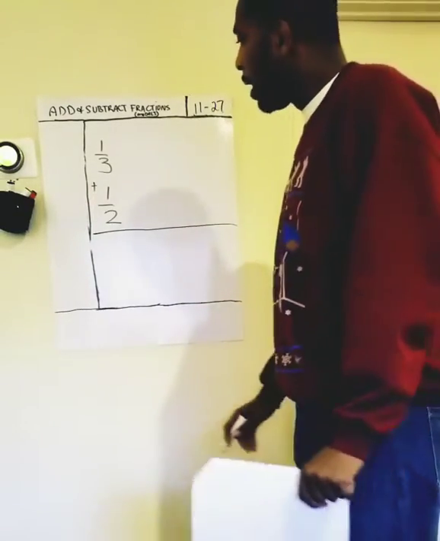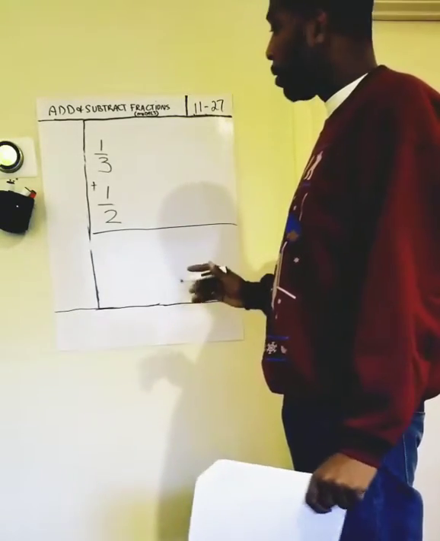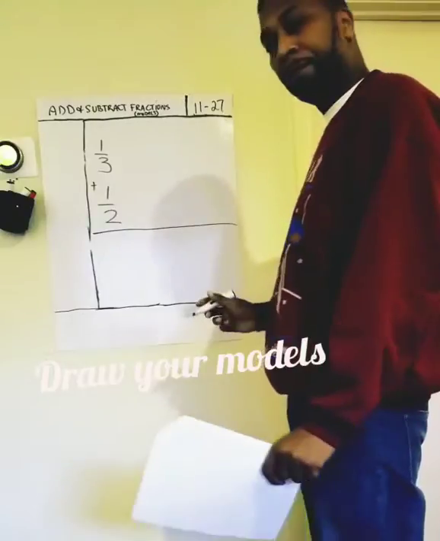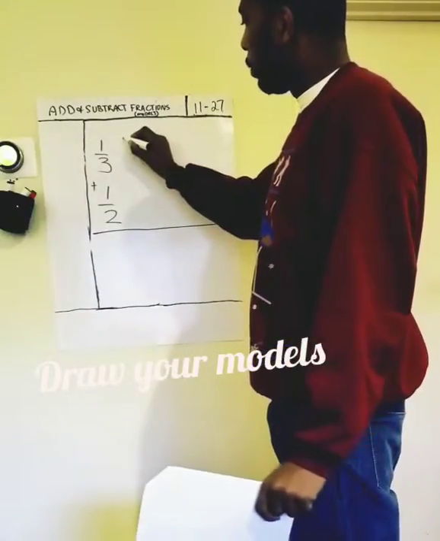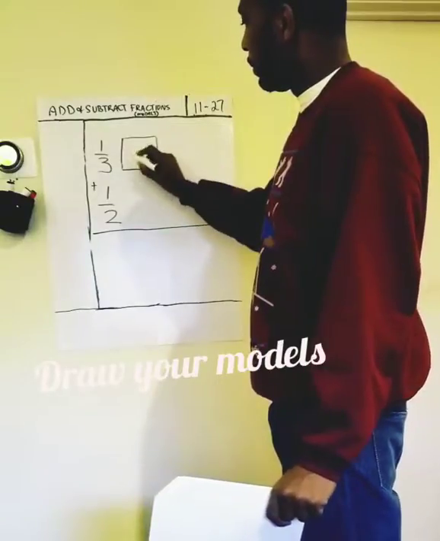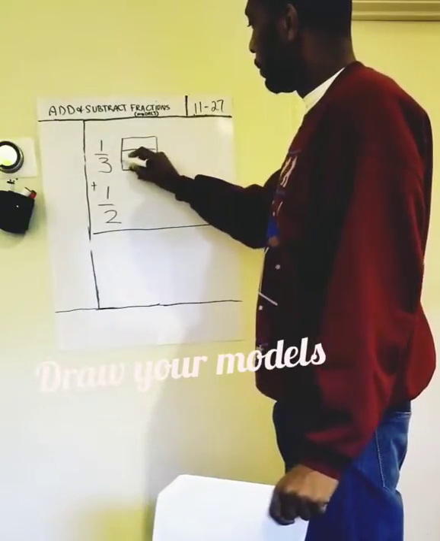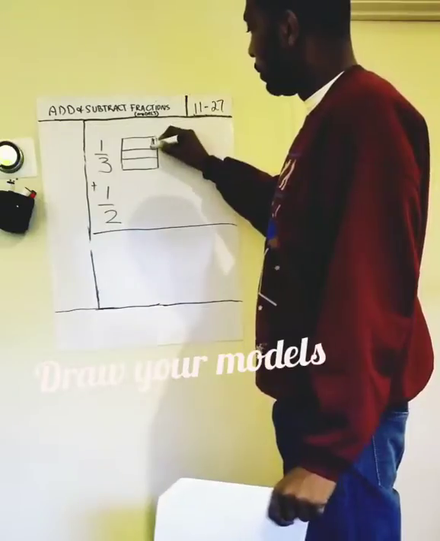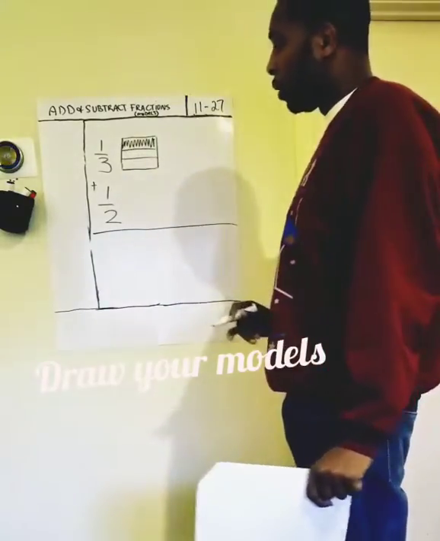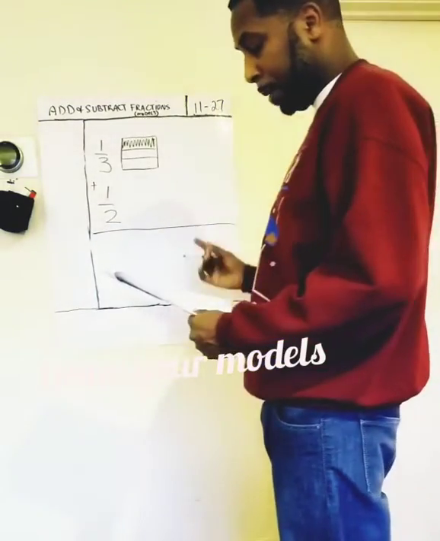Okay. All right, the first thing you got to do when showing a model is show the model for 1/3 and 1/2. Okay. A model for 1/3 is going to be like, but there's 1/3. That's basically what 1/3 looks like.